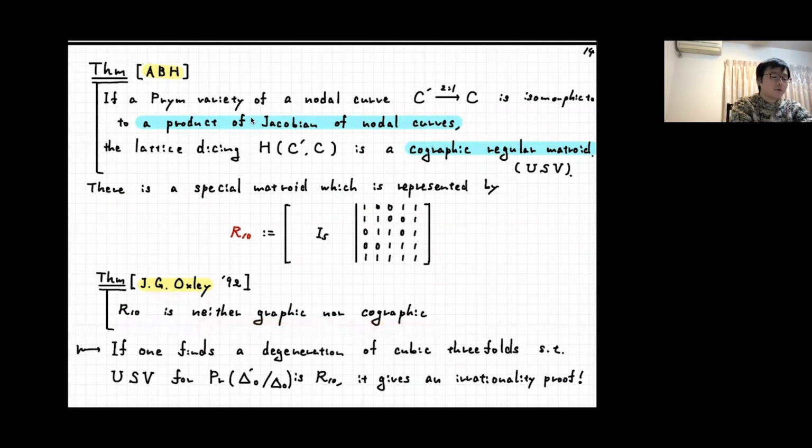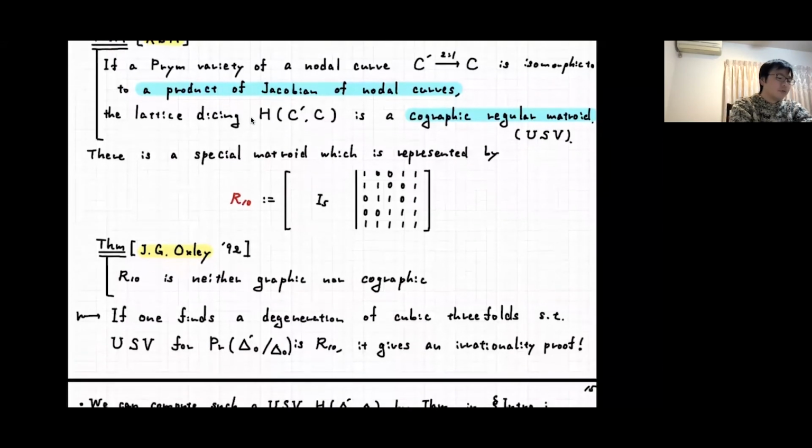So here we can find a good counterexample for the setting of this theorem. What I want to say is that if one finds a degeneration of cubic threefolds such that the unimodular system of vectors for this Prym variety is R10, it gives an irrationality proof.